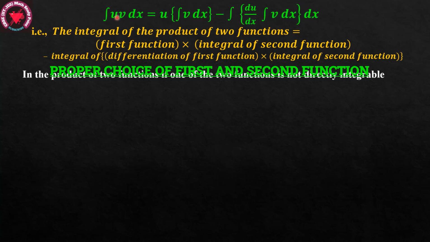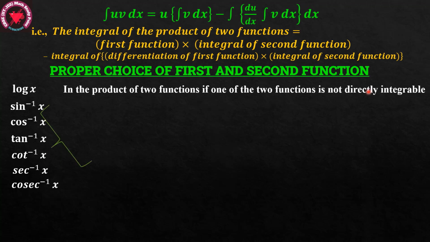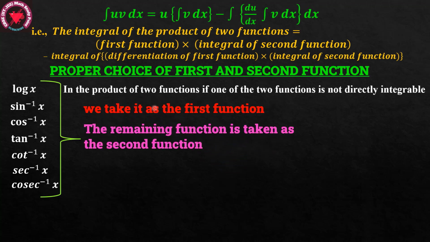Therefore, in the product of two functions, if one of the two functions is not directly integrable, like log x, sin inverse x, cos inverse x, tan inverse x, cot inverse x, secant inverse x, cosecant inverse x, we take it as the first function. The remaining function in the integrand we take as the second function.